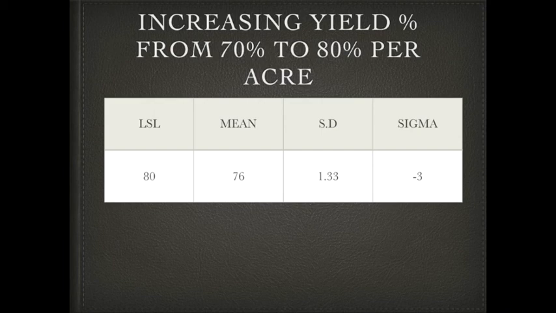It shouldn't come below the lower specification limit, but in this situation, the mean of this particular process itself is below the lower specification limit, and this is the reason for the sigma level to be presented as negative. So that is minus 3.